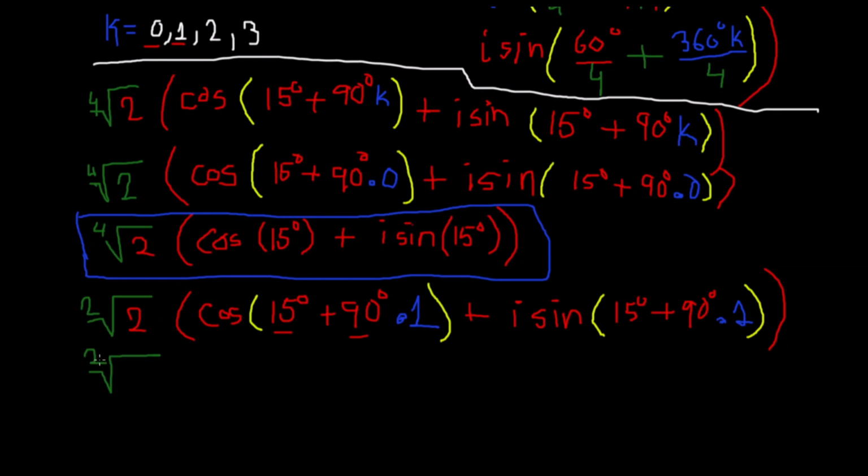We just get fourth root of, oh sorry, it's a fourth root, it's not 2. So it's just 4. Fourth root of 2 times cosine of 105 degrees plus I sine of 105 degrees.